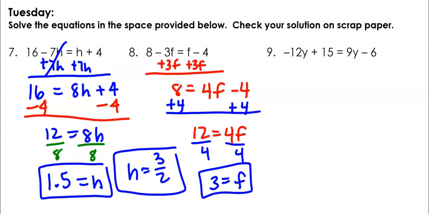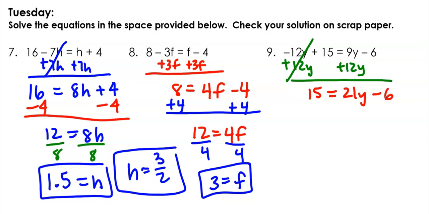Okay, last one. I'm going to add 12y to both sides. You could minus 9y if you like. That gives me 15 is equal to 21y minus 6.